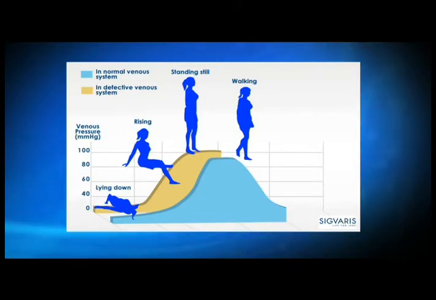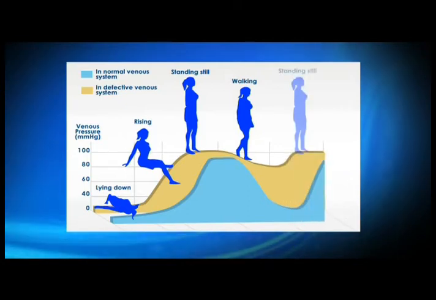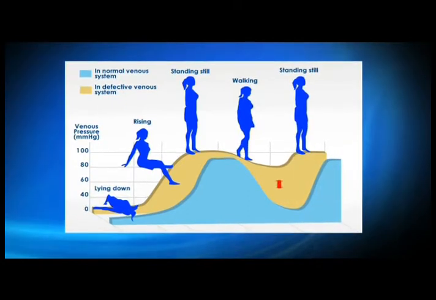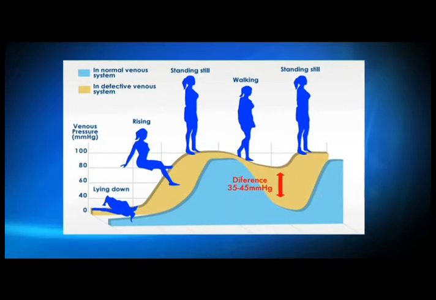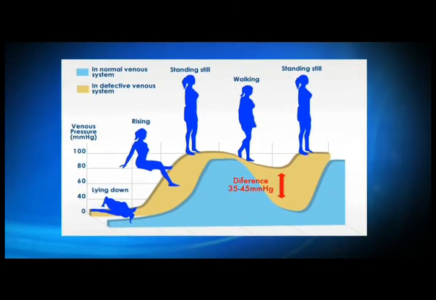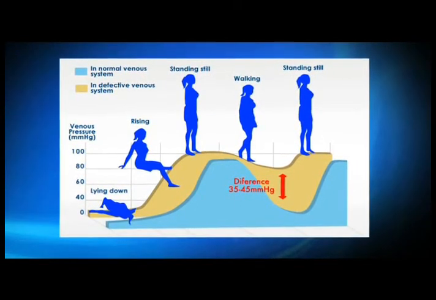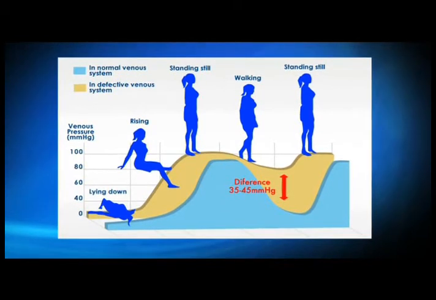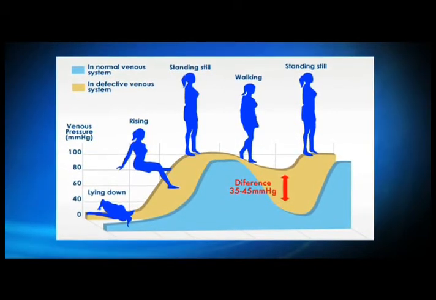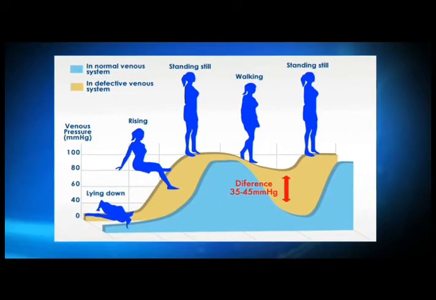As a person walks, the pressure is further lowered if the valves are normal. If valves are abnormal, walking is not as effective in lowering the pressure, and when one stops, the pressure quickly increases as a result of gravity. There is a significant difference in a person with normal valves versus a person with abnormal valves in the degree of pressure reduction with walking.